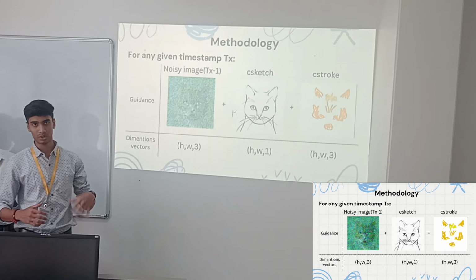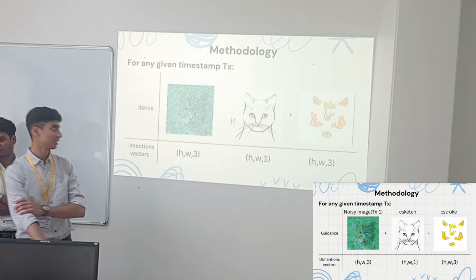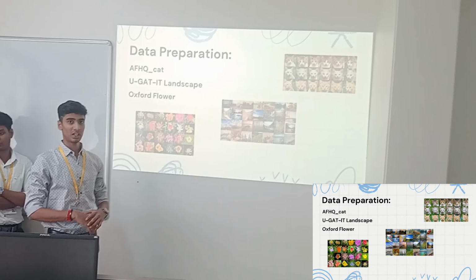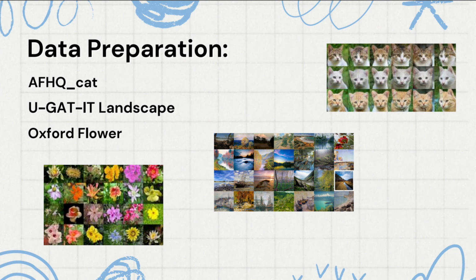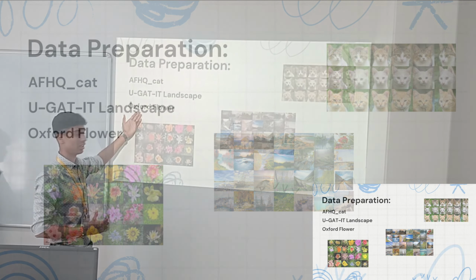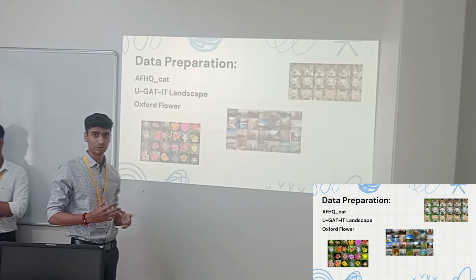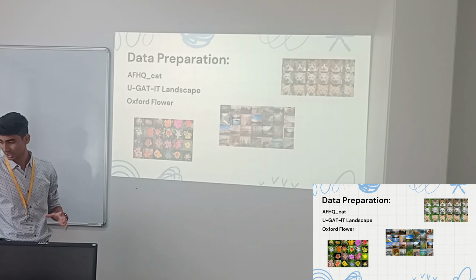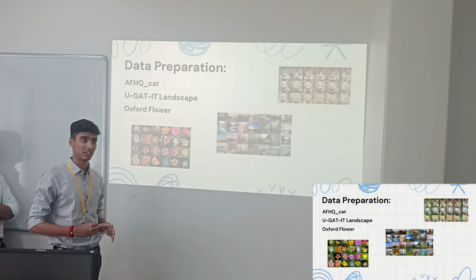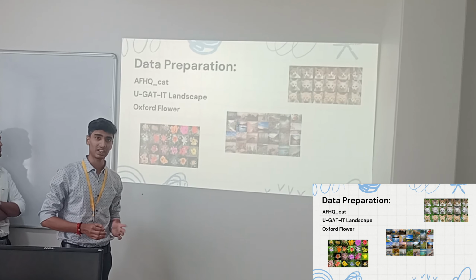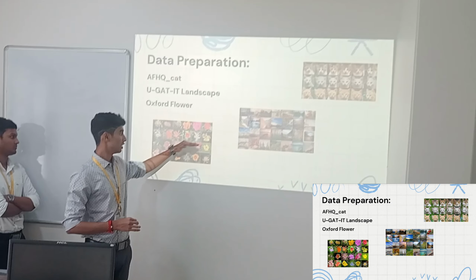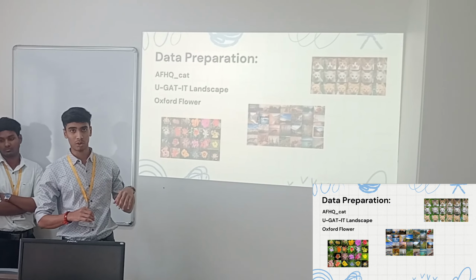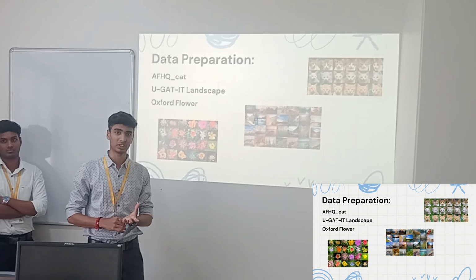Now I will try to explain the data collection and preparation phase. In data collection, we are using three already existing datasets, which are AFHQ Cat, AFHQ Dog, a landscape dataset, and Oxford Flower. They are pretty huge datasets, and in the data preparation phase, we apply various pre-processing techniques. We just have the realistic image, so how do we get the sketch and stroke information from it?